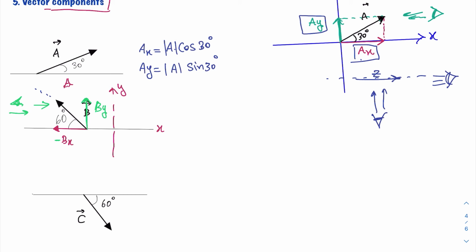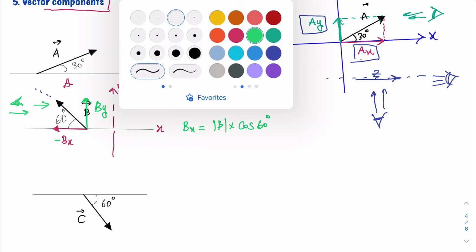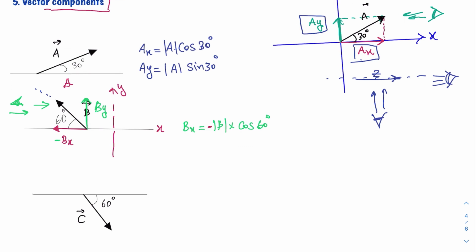But how to calculate the magnitude? The magnitude, I will write b x, the horizontal component, is equal to the magnitude of b times cosine 60 degrees. And I won't forget to add a negative, because the negative shows the direction of this component.